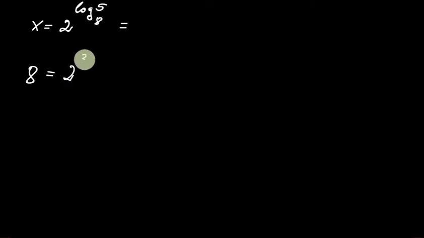Let's say we have x is equal to 2 raised to the power of log base 8 of 5. Now what we need to do is, 8 is basically the same thing as 2 to the power of 3, and we get log base 2 to the power of 3 of 5.